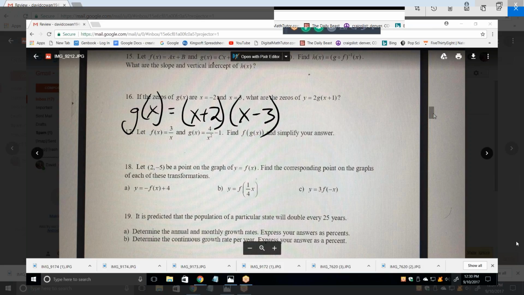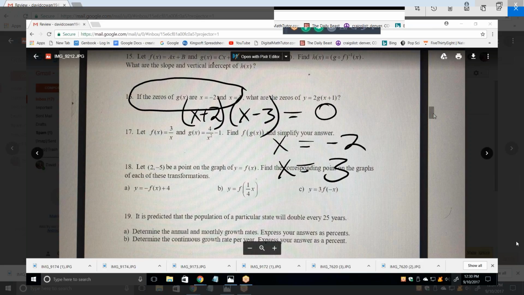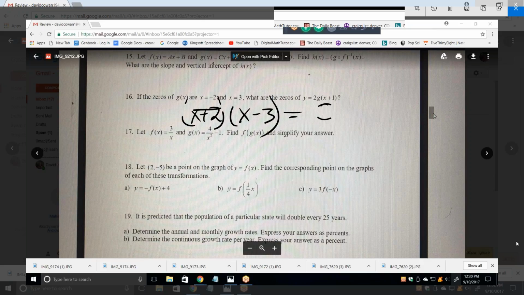That's what the zeros mean. If I had this and it was equal to 0, what would the zeros be? Minus 2 and 3, right? So what they're wanting you to do is go backwards. They give you the zeros. They want to find the original function. Well, g of x must be a quadratic: x plus 2 times x minus 3. That's what g of x is equal to.